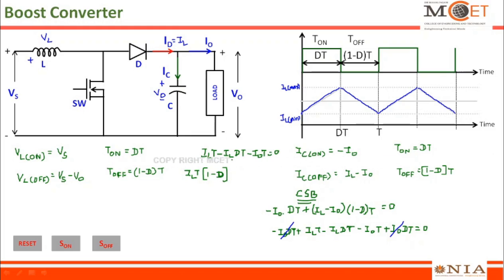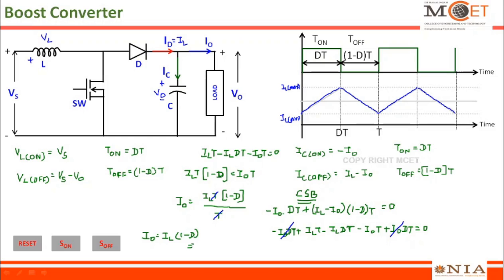If I take IL into T common from these two, which is equal to I naught into T. So from this, I can write I naught is equal to IL into T into (1 minus D) all divided by T. So this T and this T will get cancelled out. Finally, I naught, which is the load current, is equal to the inductor current into (1 minus D).